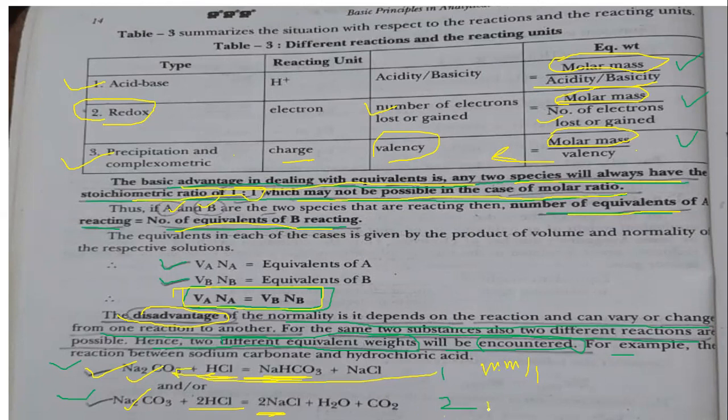In this reaction, the equivalent weight of sodium carbonate needs to be found using molar mass upon 2, because it takes 2 protons. As we have seen in the first definition, number of protons gained or lost, or acidity or basicity, right?